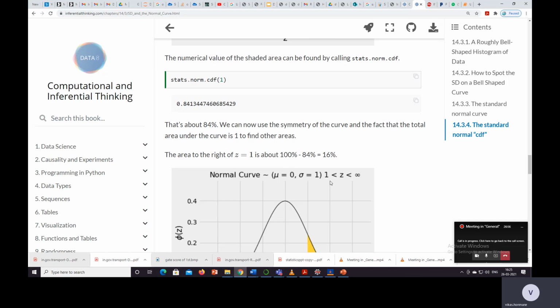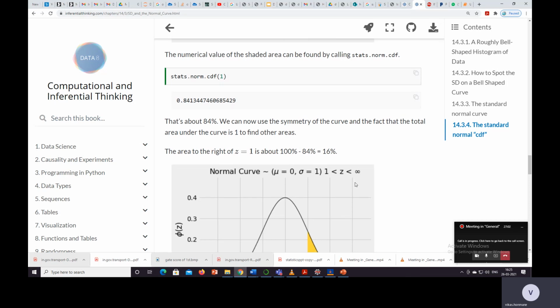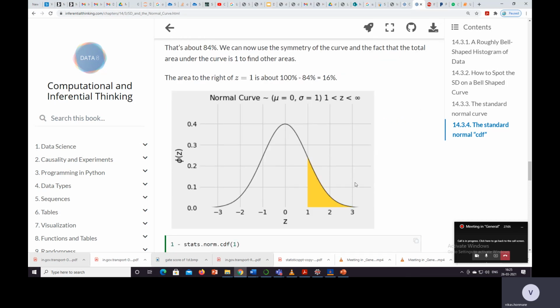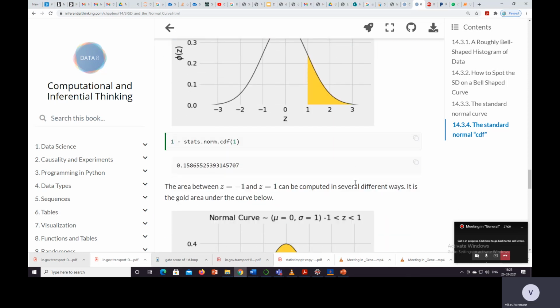For the right hand side, 1 less than z less than infinity, that is the area to the right of 1, and it is 1 minus stats.norm.cdf of 1.